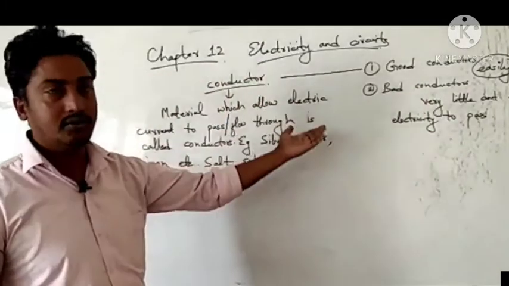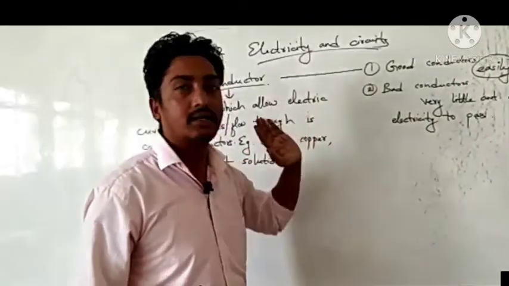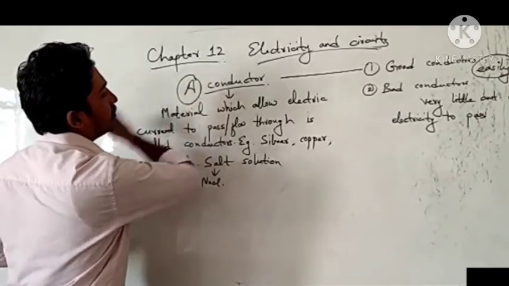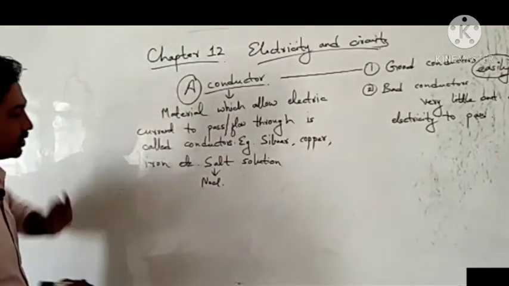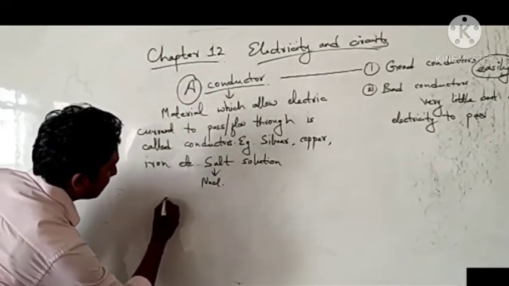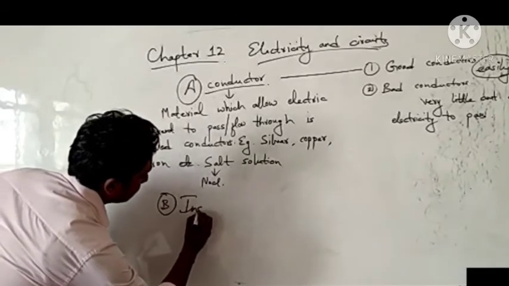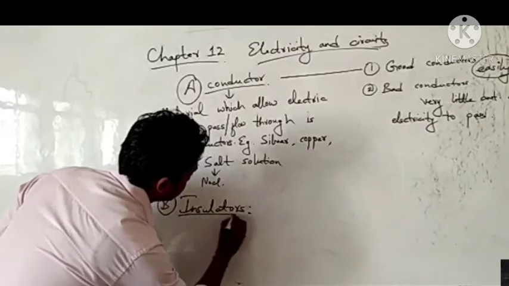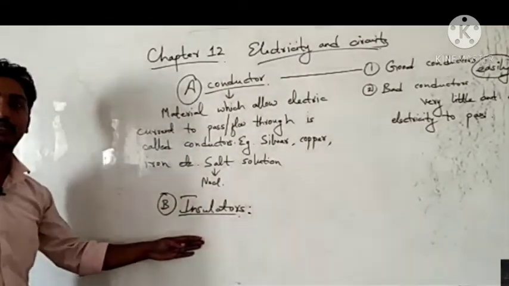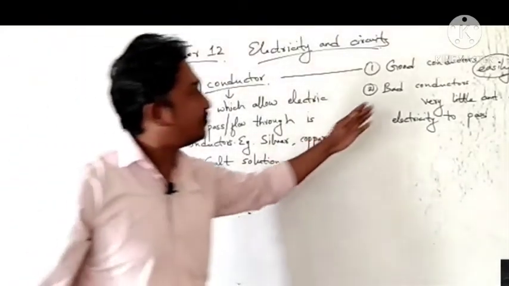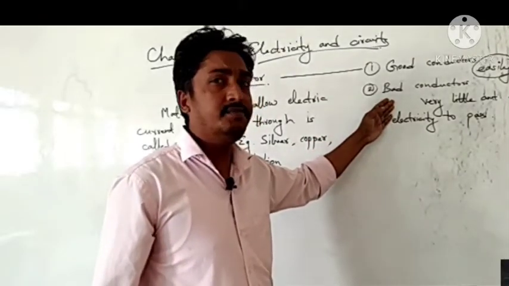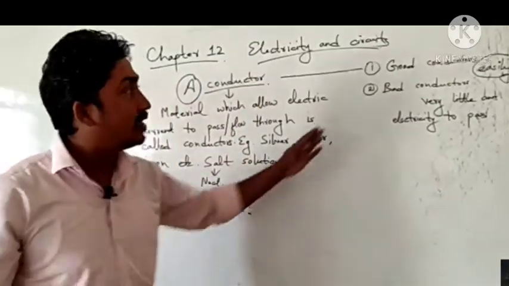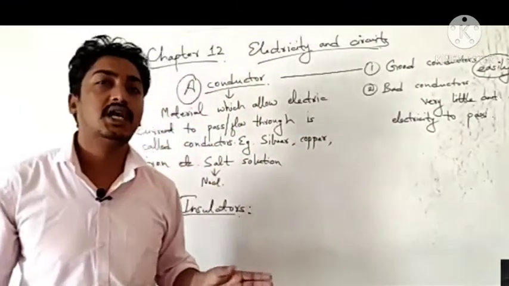Instead of good and bad conductors, we simply have two words: conductors and insulators. Insulators and bad conductors are very similar; the only difference is that in some cases electricity flows in a very little amount.